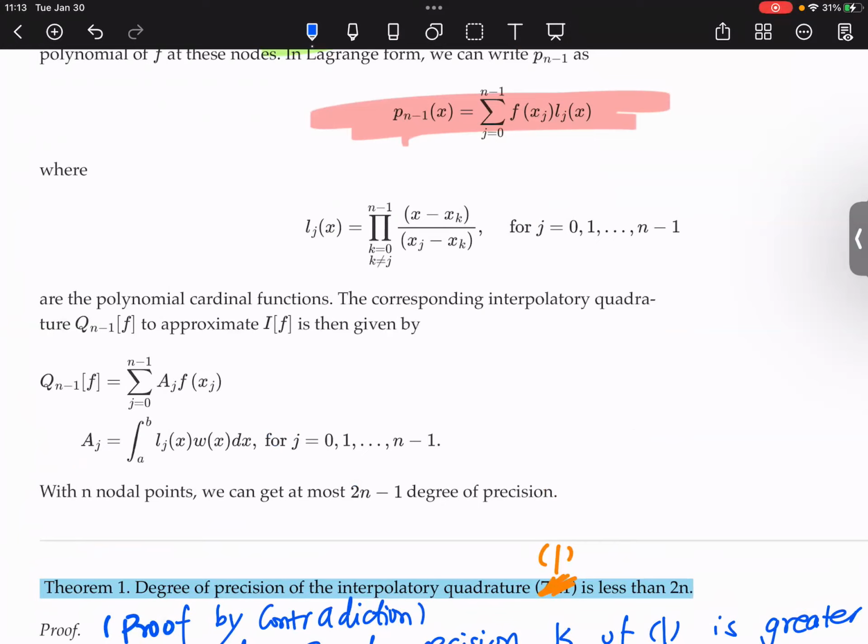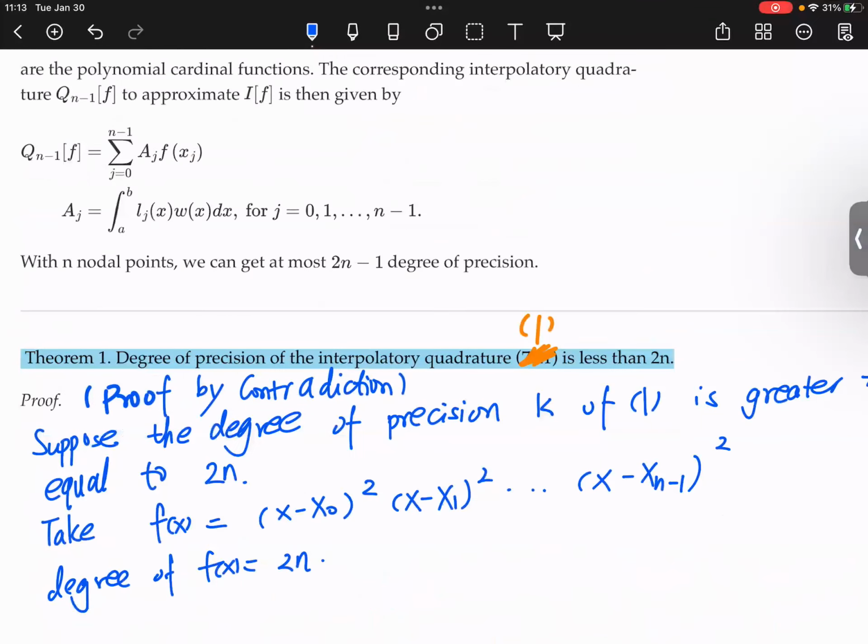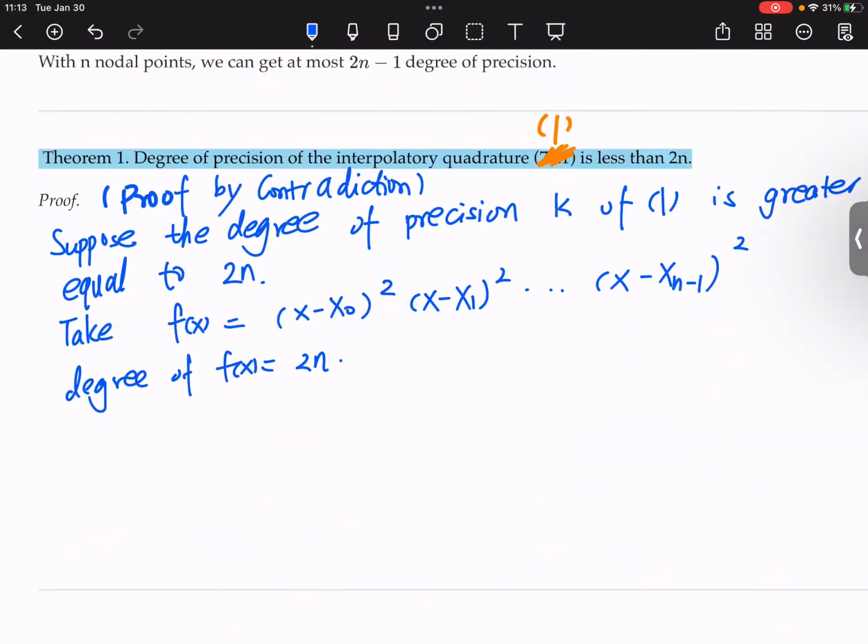Now if we do the integration with that weight function, usually we take the weight function as w(x) equals 1.